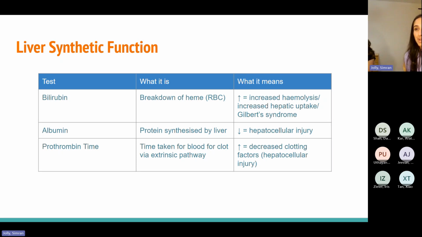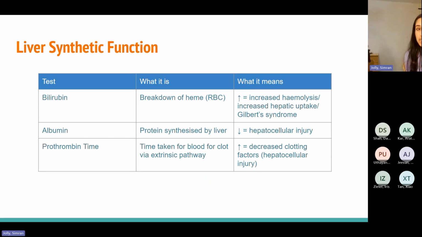Does anyone know what an increased bilirubin might present with? Nope. So you might present with jaundice. Someone with Gilbert syndrome might just present with yellowing of the skin after some sort of stress on the body, whether that's an illness or they're just fatigued.